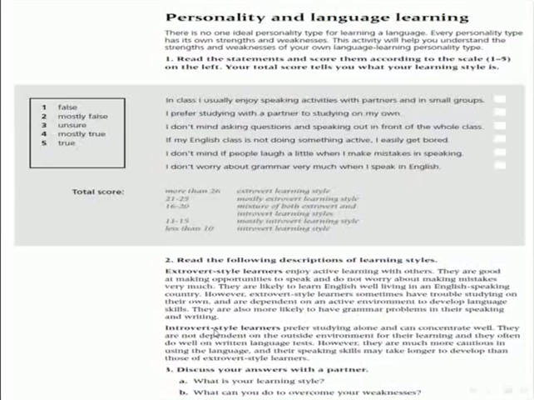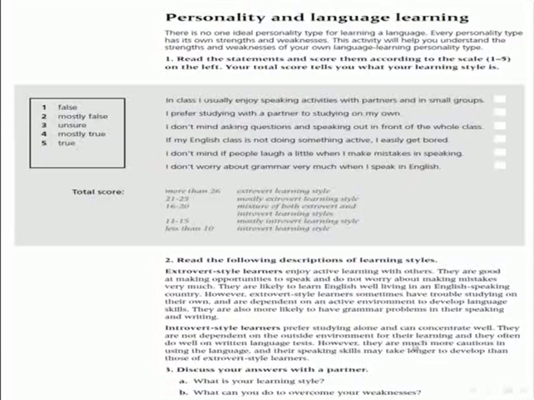Now, the introvert style learners prefer studying alone and can concentrate well. They concentrate on everything and they like to study alone. They are not dependent on the outside environment for their learning, and they often do well on written language tests.